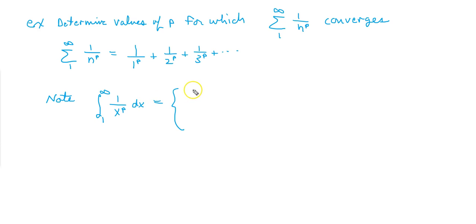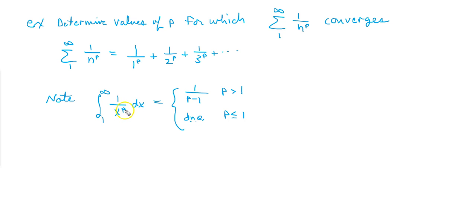So this quantity equals, remember, 1 over p minus 1 for p larger than 1. So this integral exists as long as p is bigger than 1, but it does not exist for p less than or equal to 1.